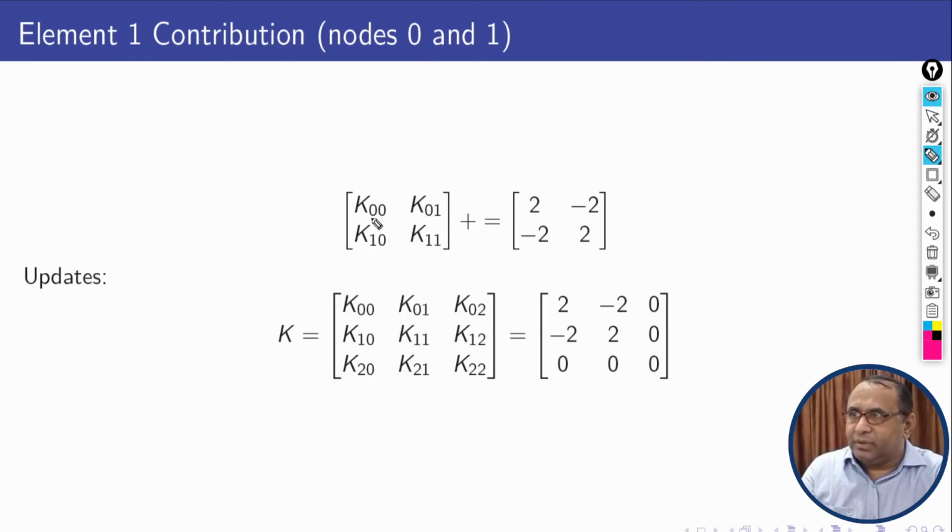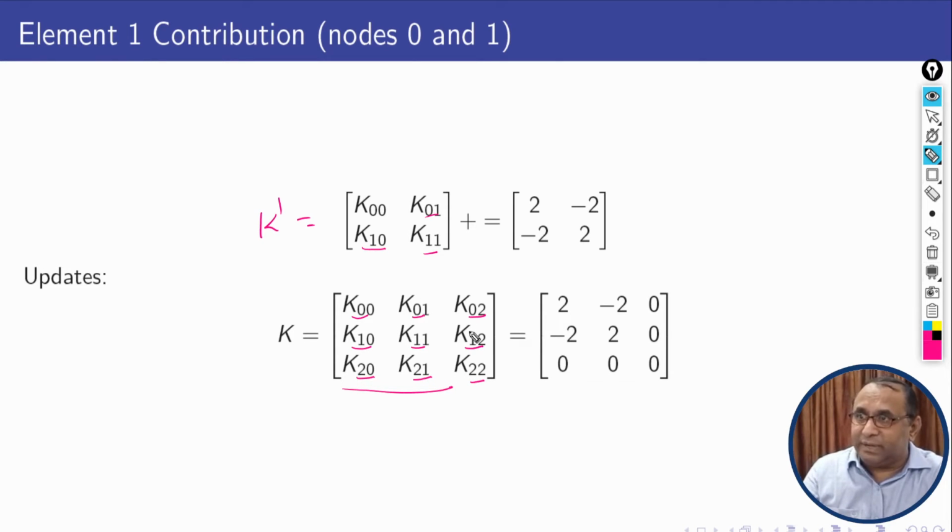See here, for the first element we have K00, K01, K10, K11 equal to 2, minus 2, minus 2 and 2. This is K1. Our required global stiffness matrix will be of this order, as you can see, and corresponding to this element we are here also. The elements will be K00, K01, K02 in the first row, K10, K11, K12, then K20, K21, K22.